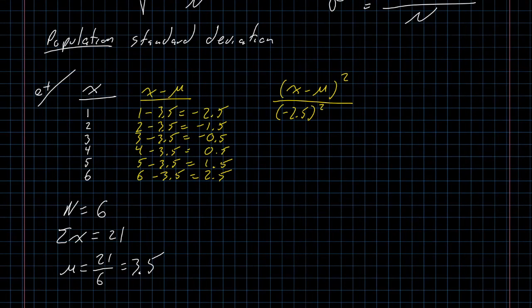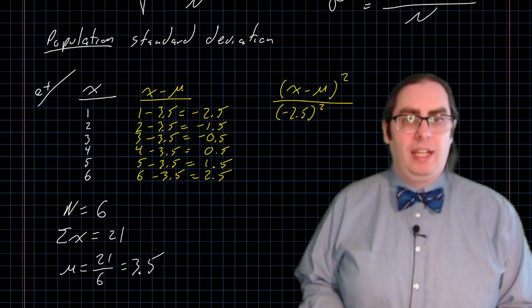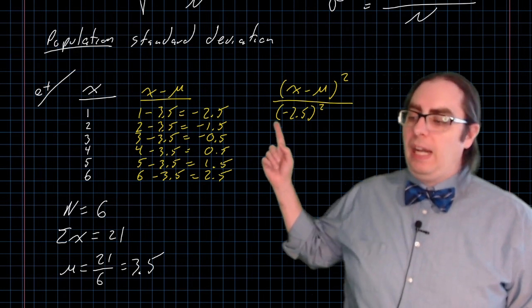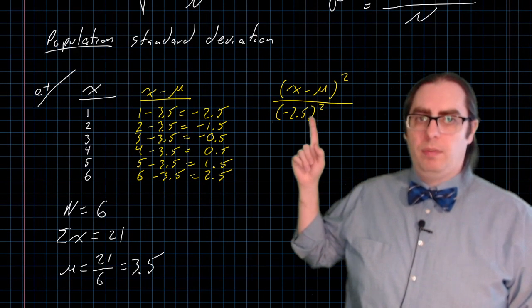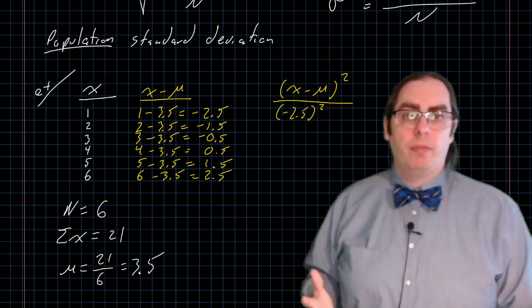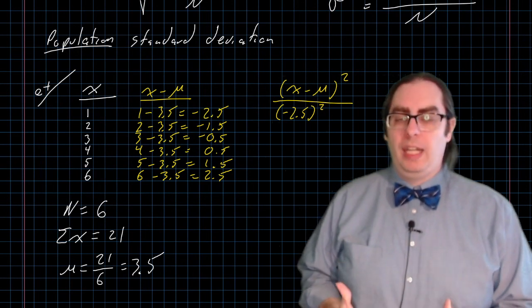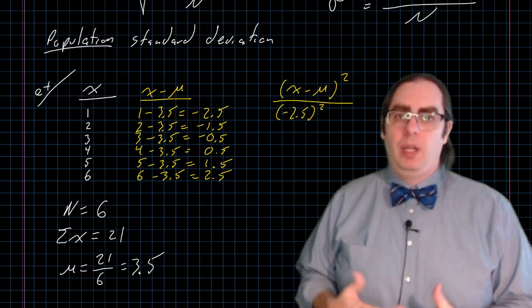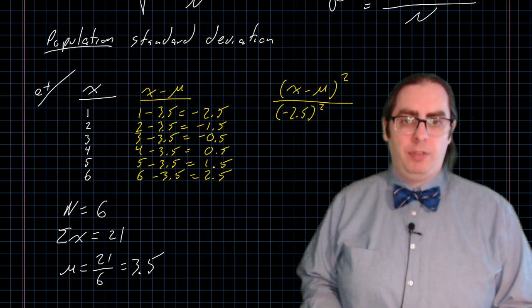Now here is where the biggest mistake happens. The most common mistake in calculating standard deviations is right here. I have a negative number and I'm squaring it. You should remember from algebra that whether a number is positive or negative to begin with, if you multiply it times itself, positive times positive is positive, negative times negative is positive.